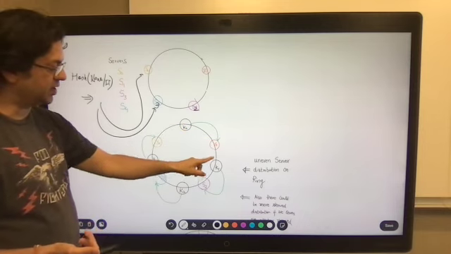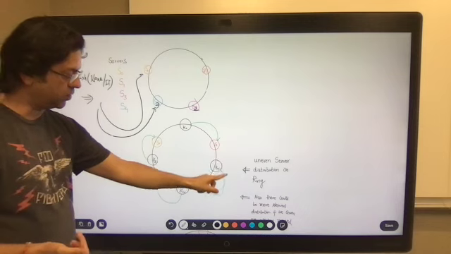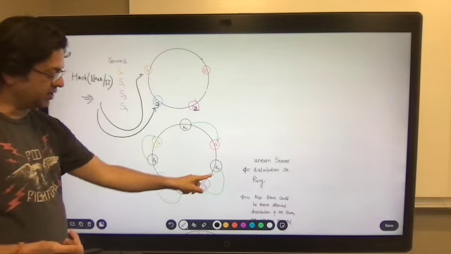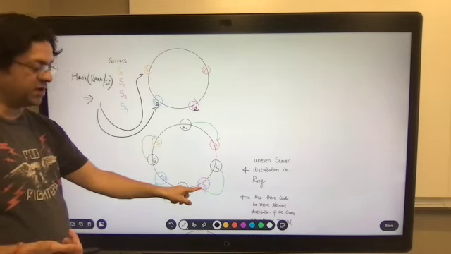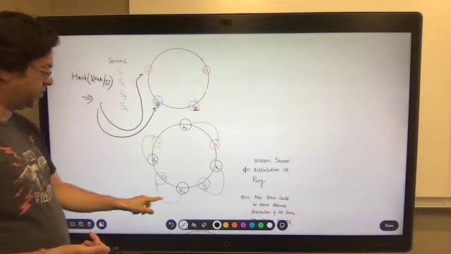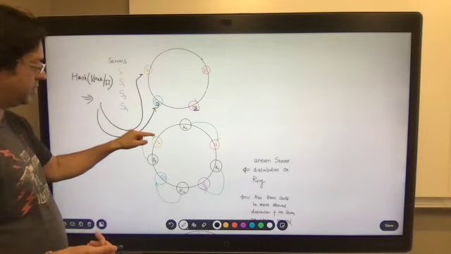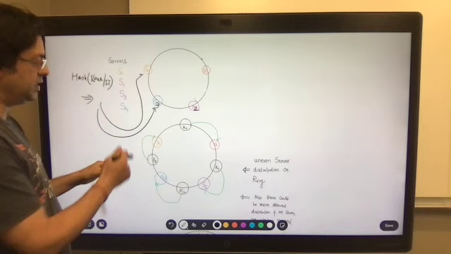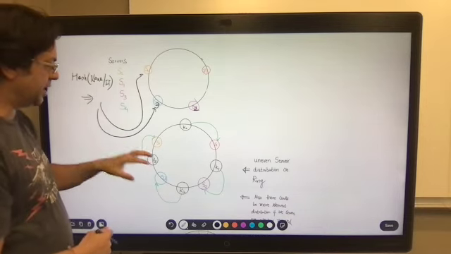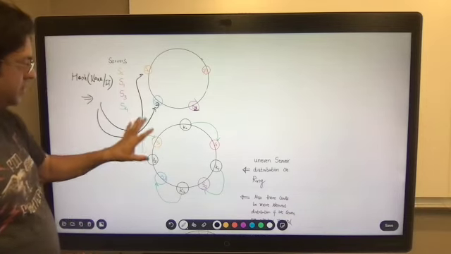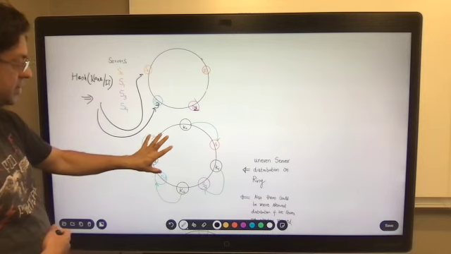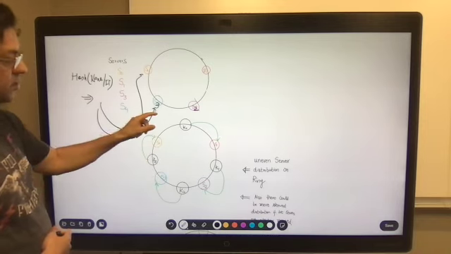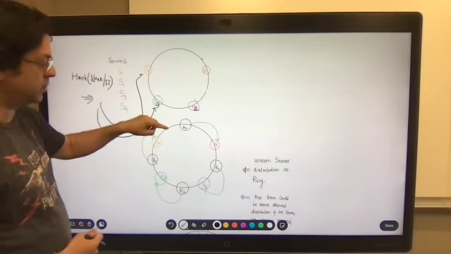In the same way, if there's a K1 key, if we go clockwise, it would be saved in the server S2, and K2 would be saved on S3, and K3 onto S0. So you see, all the servers are represented onto the consistent hashing ring, and keys are also represented on the ring.